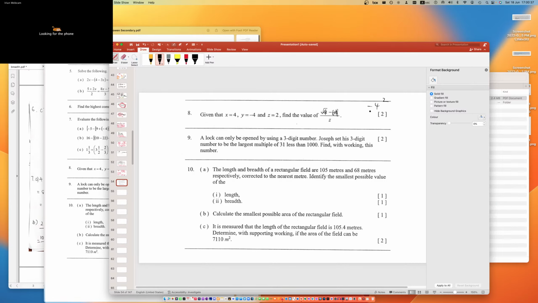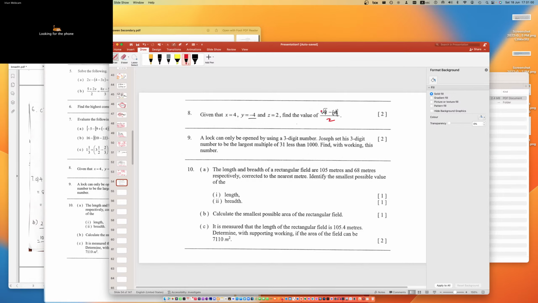If I never put the bracket, it'll be negative 16, because the square only goes to the 4. But I want the square to go to the entire negative 4. So that's why I need to put a bracket. Did you put a bracket? Yes. Okay, very good. So that's the common mistake.